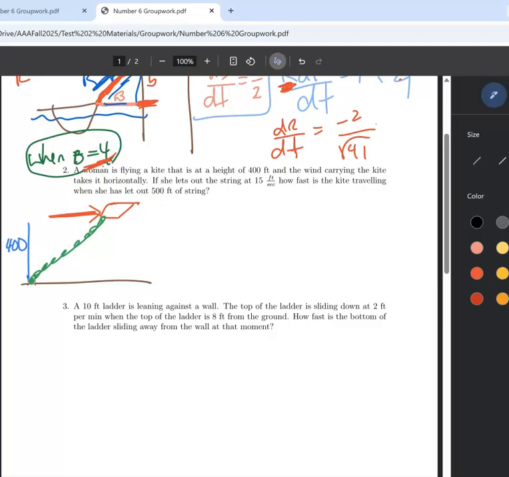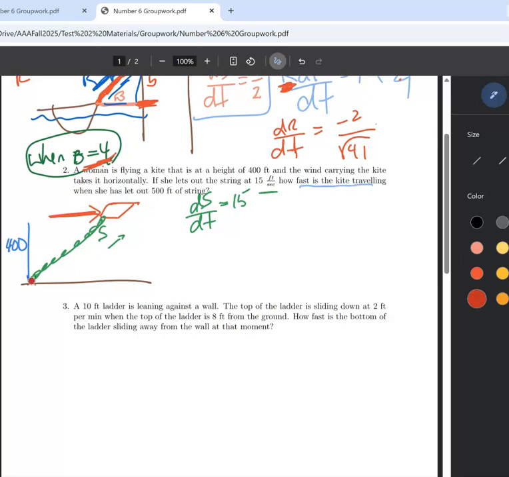So the wind is carrying the kite horizontally. If she lets out the string at 15 feet per second, so I'm going to put s here, and ds over dt is 15. And that's getting bigger, right, if the kite is moving out that way. Then what else do they have? How fast is the kite traveling?